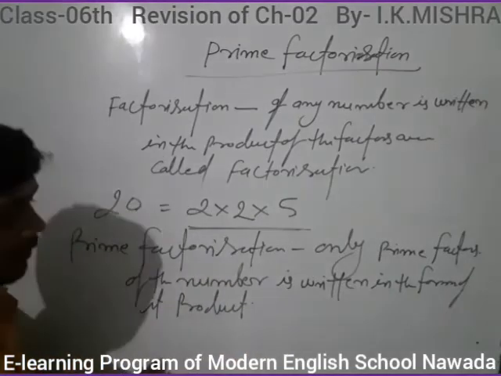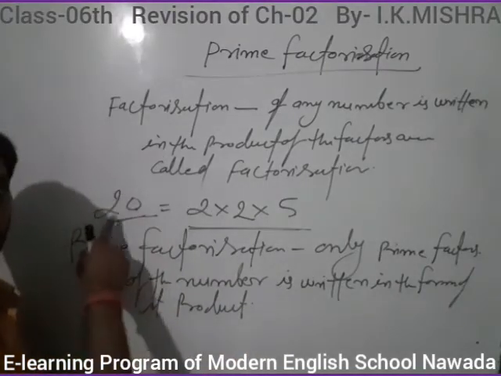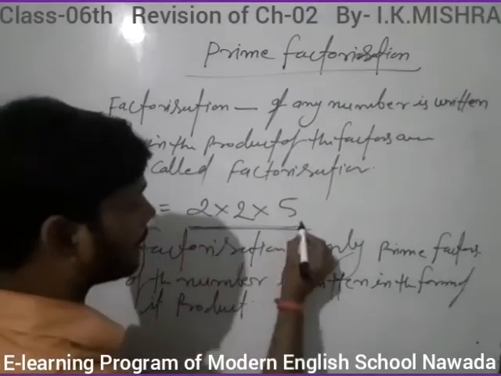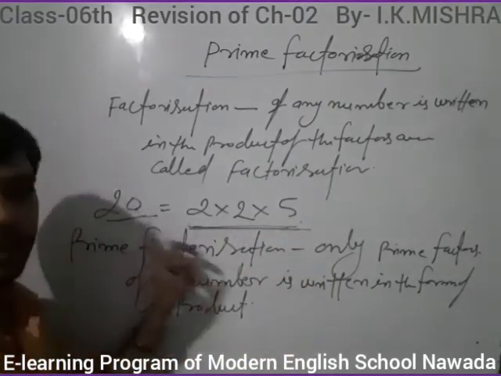Here, students, in the previous example 20, all of these are prime numbers and are written in the product of prime numbers.